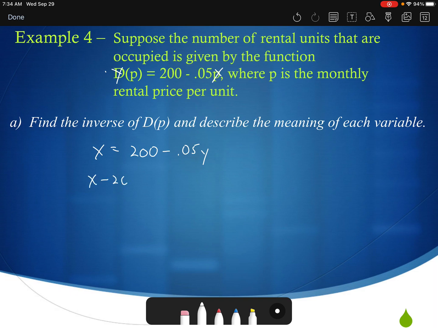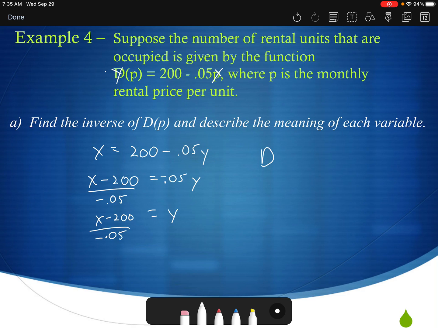So solve it. You get x minus 200 equals negative 0.05 y, divided by negative 0.05. So x minus 200 over negative 0.05. So in this manner, it's d inverse of p equals (p minus 200) over negative 0.05. So what does this mean?